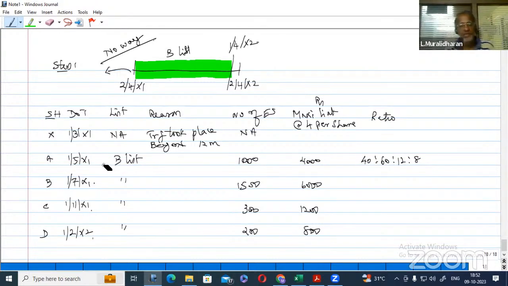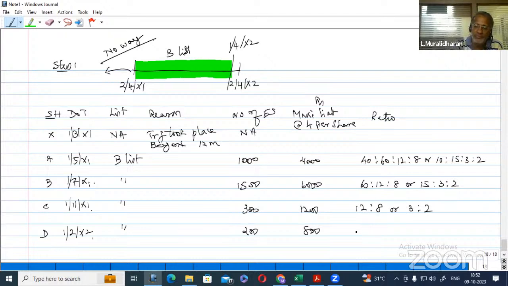He is not the only B list. So when you take 4 as a base, 10:15:3:2. Then next, in this particular case, 60:12:8, or 15:3:2. After that, it is 12:8 or 3:2. Only D. This is the first step that we will work out.